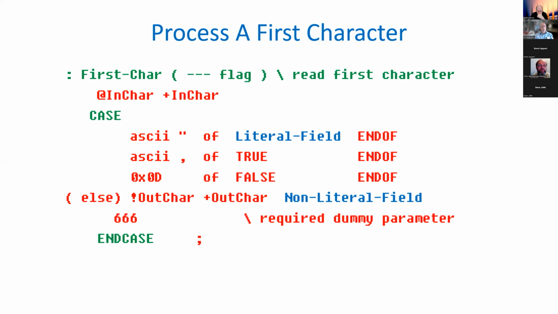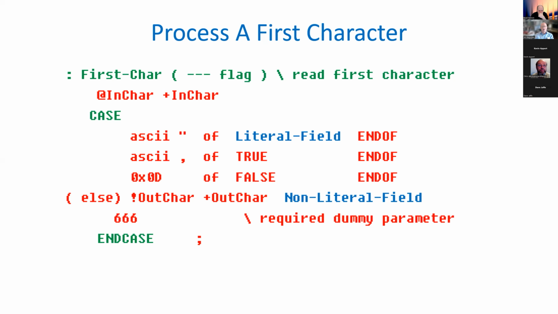Then the case statement analyzes. If we see an ASCII quote, it says this must be a literal field, so it enters that node, transferring control to that node. If it encounters a comma, it says this is the end of a field, so it exits true. If it reaches a return character, a hex 0D, it returns false.